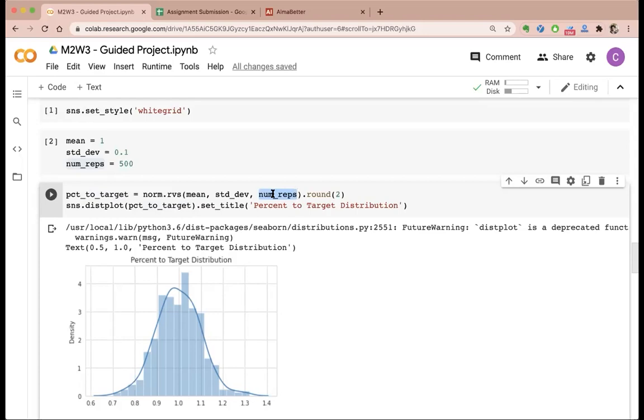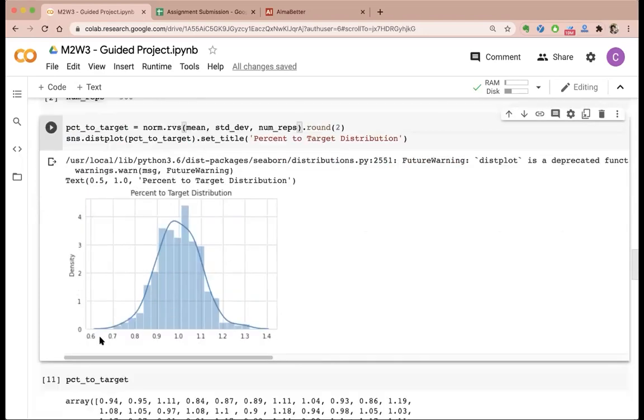Why will we not get them? That is because it's very unlikely. The probability that you get a number less than, let's say, mu minus 3 sigma, that is, less than 0.7, as you know, is 0.001, right?